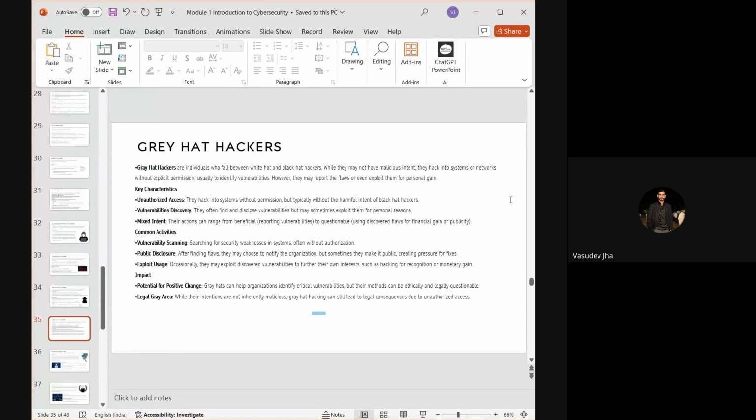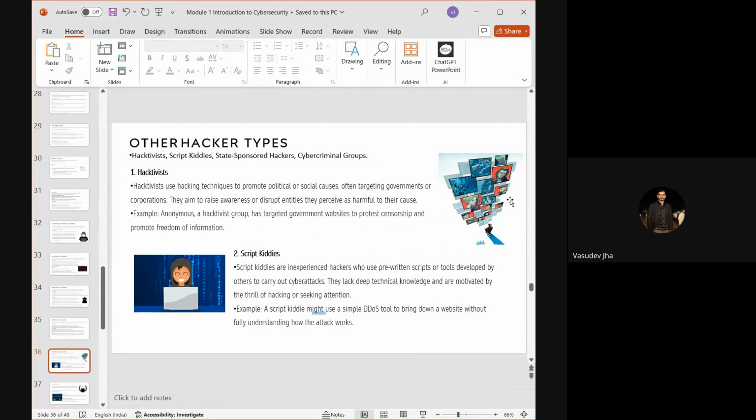While they may not have malicious intent, they hack systems or networks without permission, usually to identify vulnerabilities. However, they may report the flaws, or even exploit them for personal gain. So simply, they go for unauthorized access and vulnerability discovery. Their intention is mixed: they will find the vulnerability, report it, and you give them money. Simple.